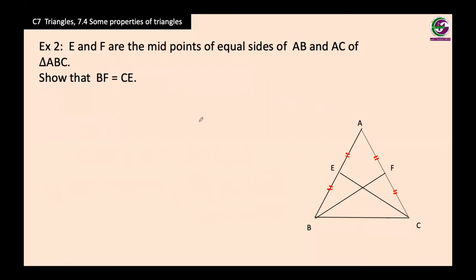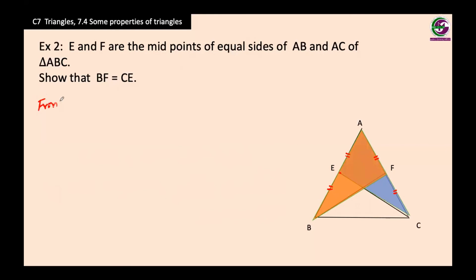Now we have to show that BF is equal to CE. BF is a part here and CE is a part inside. So for that, we have to consider the inner triangles AFB and AEC. From these two triangles, what can we say?